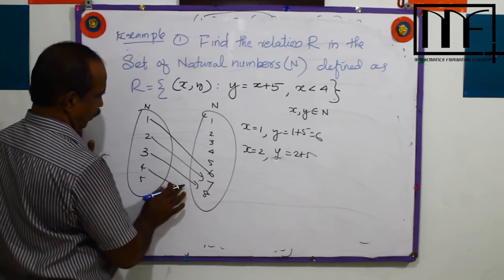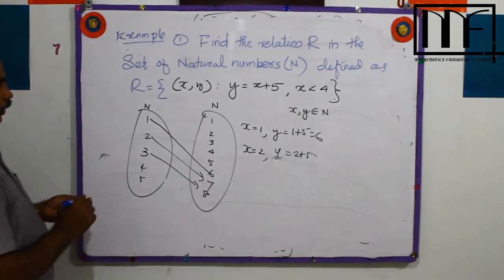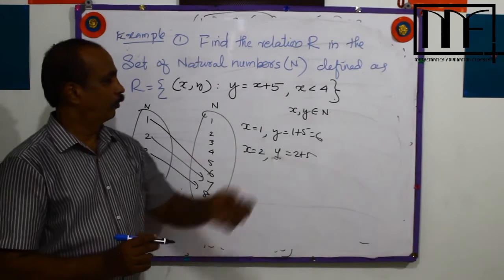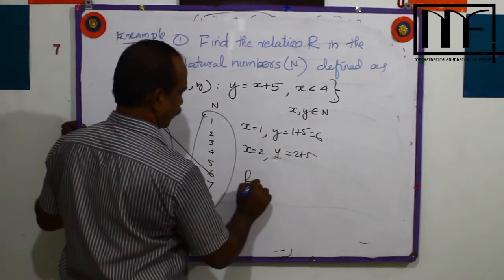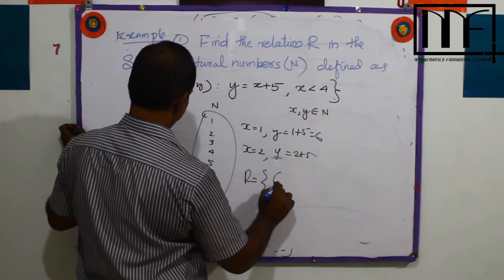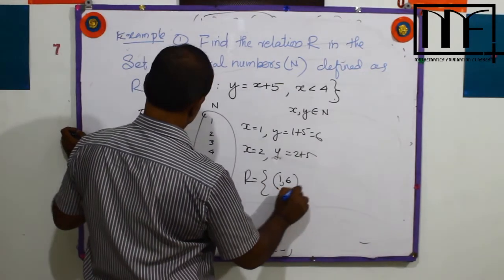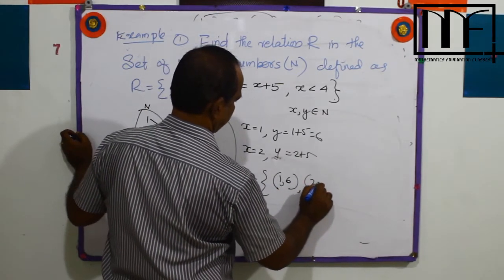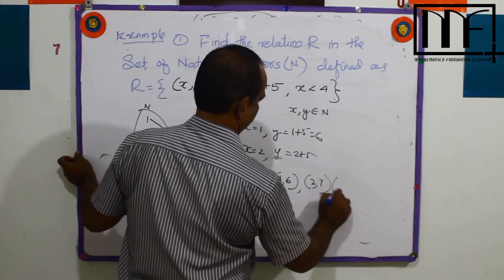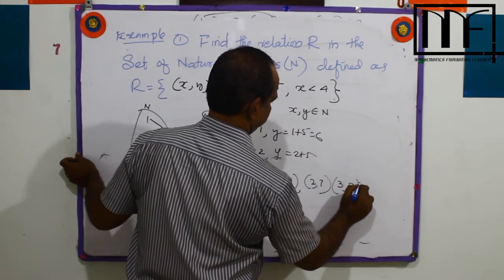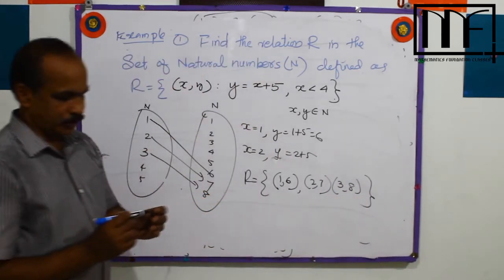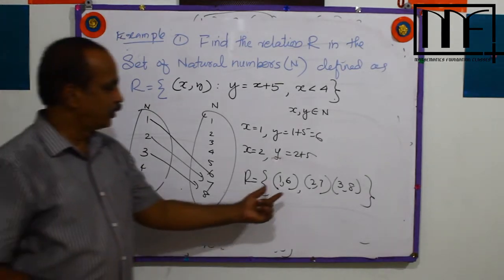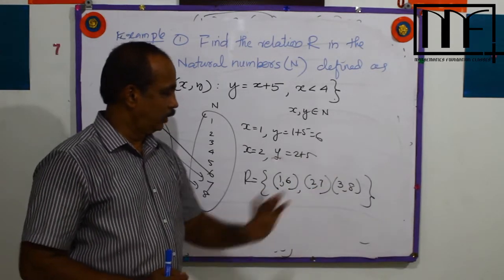X should be below 4, so we take only up to 3. So the ordered pairs in the relation are (1, 6), (2, 7) and (3, 8). In the relation we have only three elements.